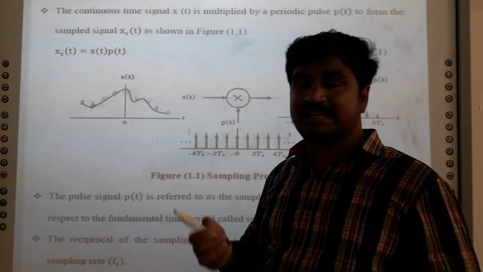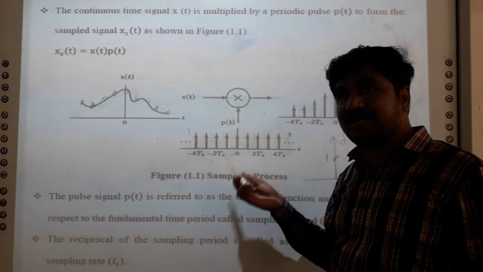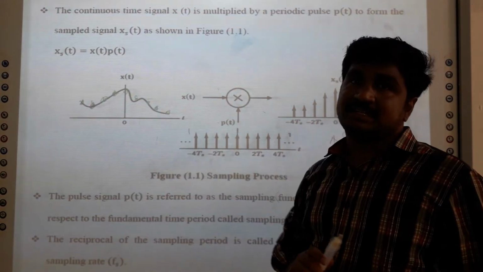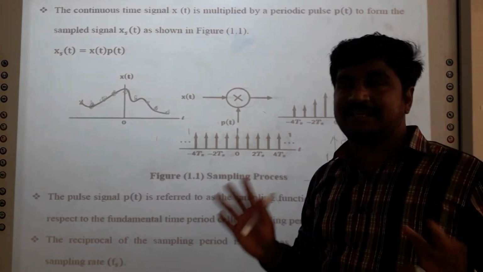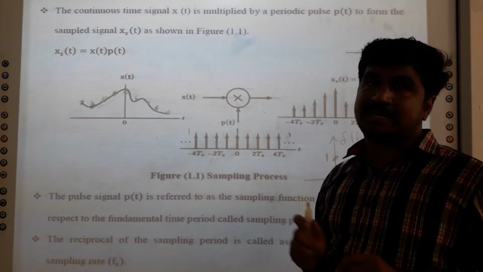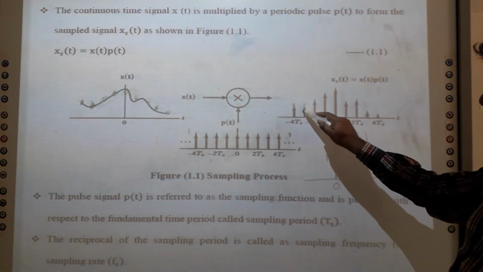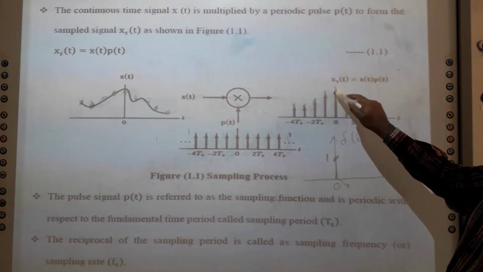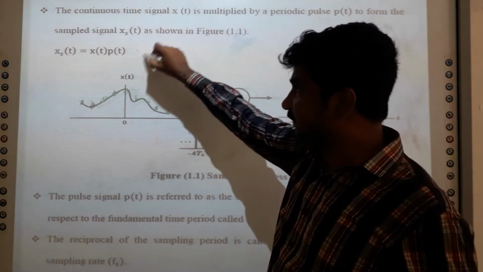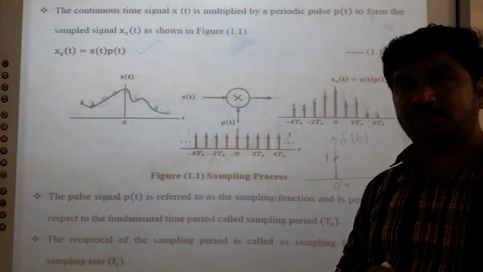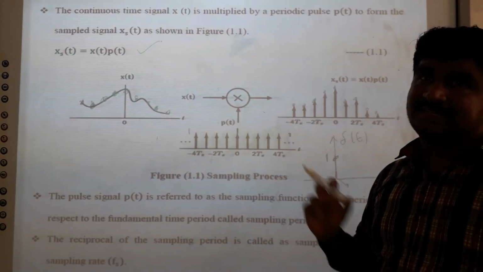Without any loss, we can pick the amplitude of the continuous time signal when we multiply this impulse train with the continuous time signal. This is a simple mathematical operation we can perform to convert the continuous time signal into a discrete time signal, so that the magnitudes are represented here. So simply we can write x of t is equal to x of t into p of t, where x of t is the analog signal and p of t is the impulse train.